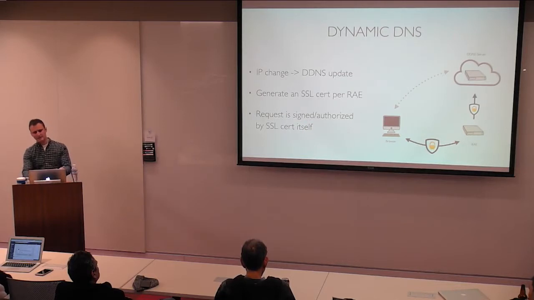And just as a side note, for the DDNS server, we're using Lemur, which is an open source Netflix tool for managing and generating SSL certs. And then we're also using Route 53 to do the actual DNS changes.